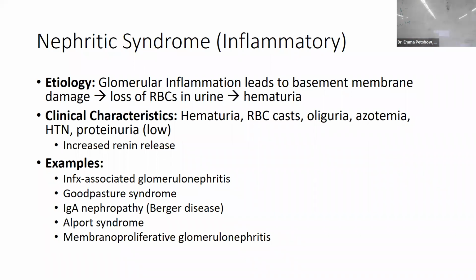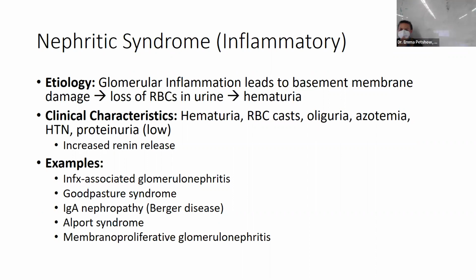So one of the clinical characteristics of nephritic syndromes that's different from nephrotic is hematuria and RBC casts, because your basement membrane is being damaged, you're actually sloughing off red blood cells.